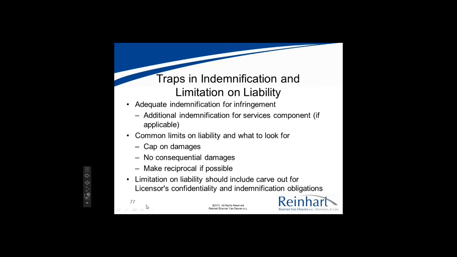And from the licensee's perspective, you want to make sure the language is broad enough to fit your needs. For example, it's generally in the licensee's interest to have a broad definition of intellectual property. Some first drafts from licensors might limit it to, say, just copyright infringement, whereas software can involve a number of different types of intellectual property.